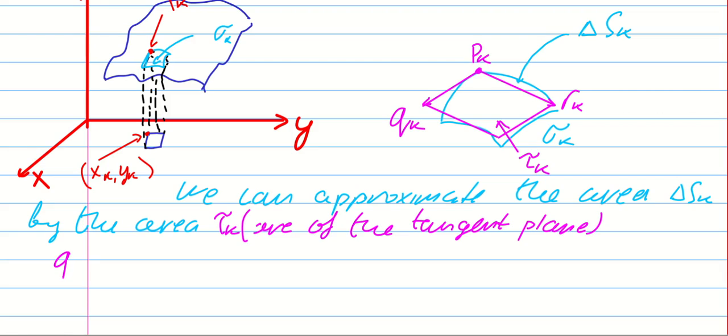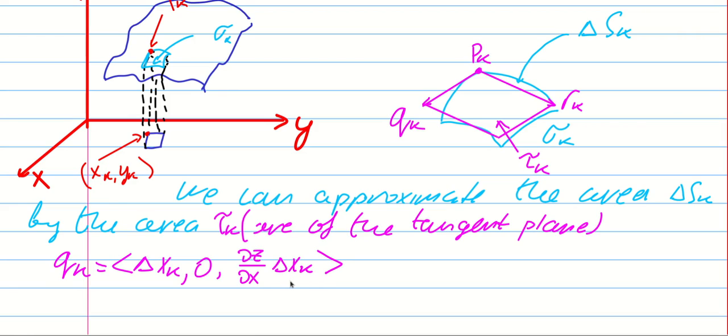First, q sub k will be given by, in this direction it's the same as this direction over here, so just delta x sub k. In the y direction it doesn't really change, so it's 0 in the y direction, and in the z direction it's a partial of z with respect to x times delta x sub k.